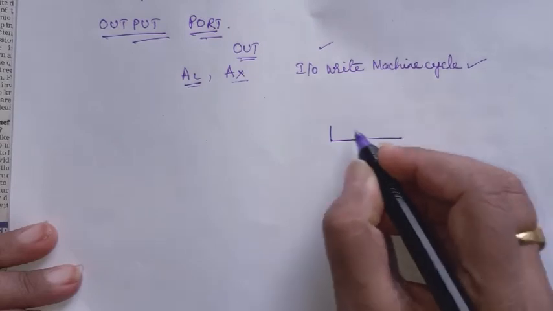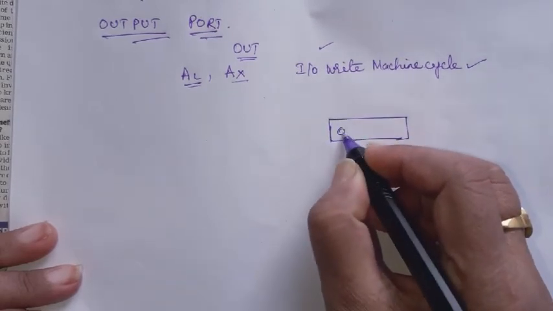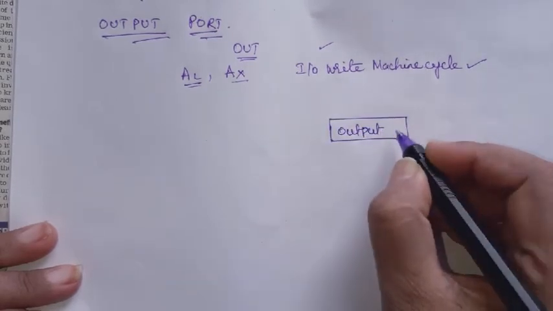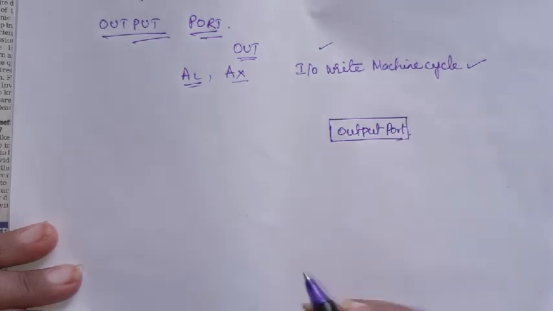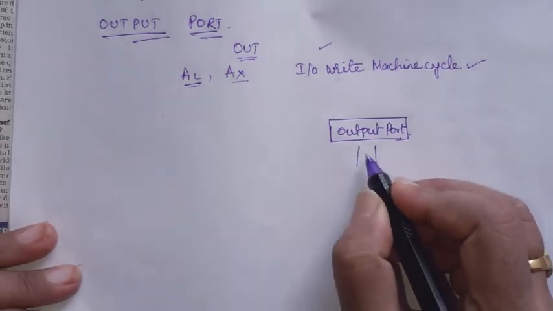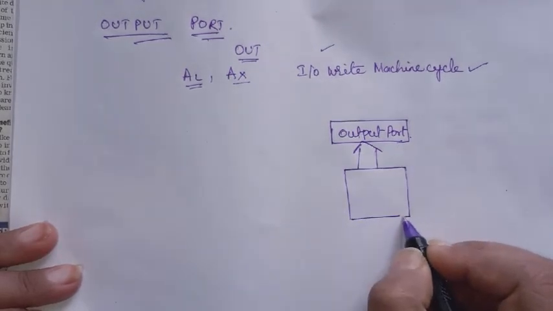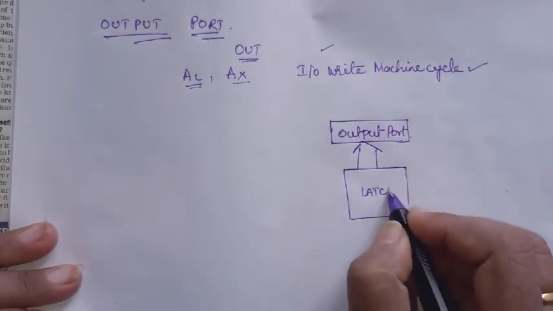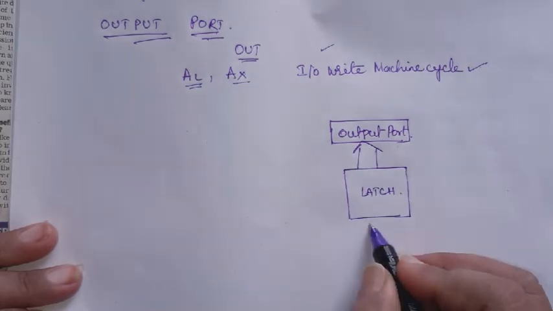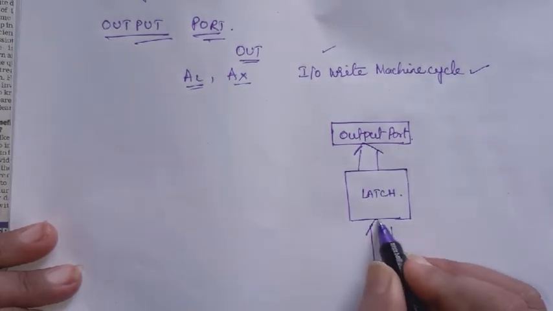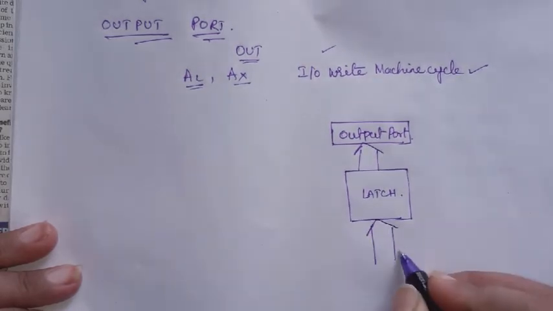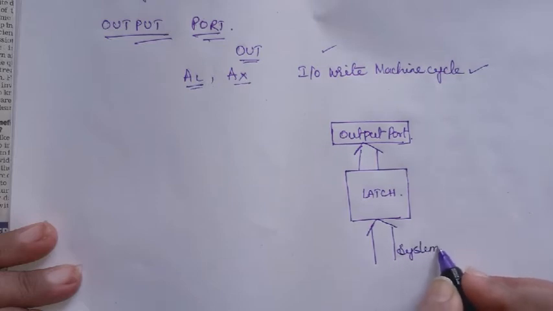Suppose this is an output port or device. To this there must be a latch in between the data bus of the processor. This is the system data bus.